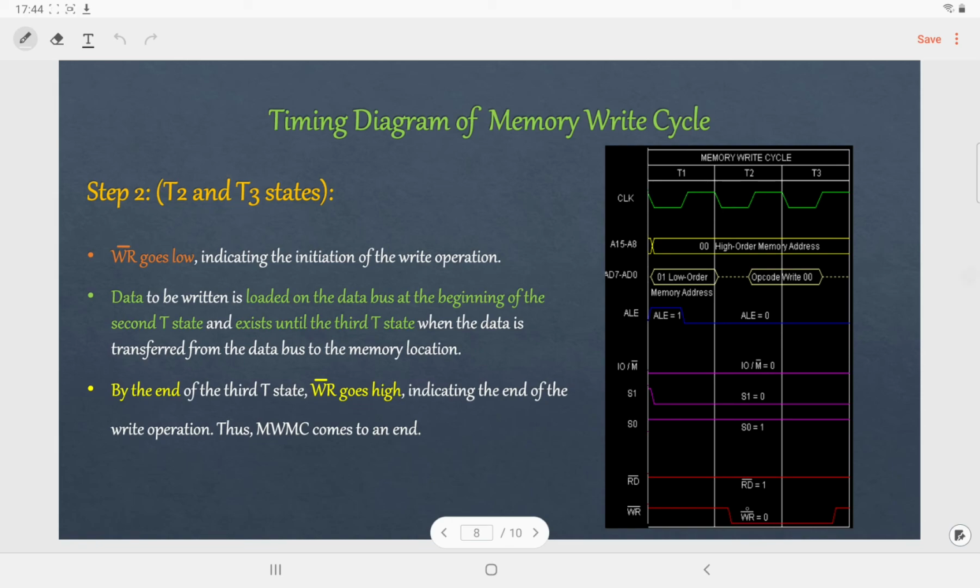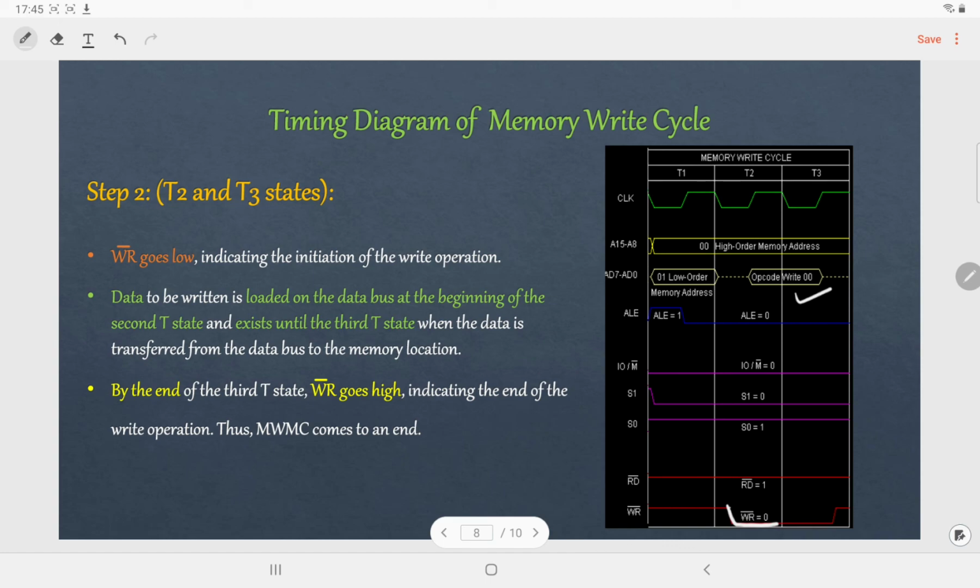In the second T state, the WR bar will go low. Here the data to be written will be loaded on the data bus at the beginning of the second T state and exist on this data bus until the third T state, when the data is transferred from the data bus to the memory location.